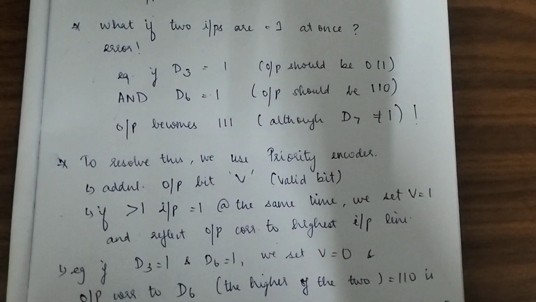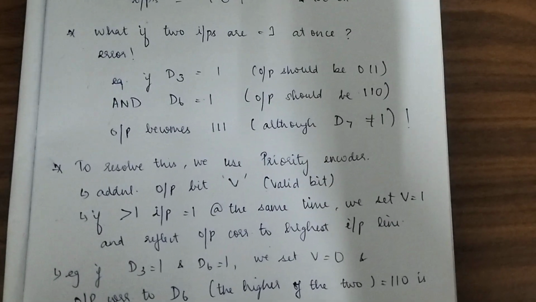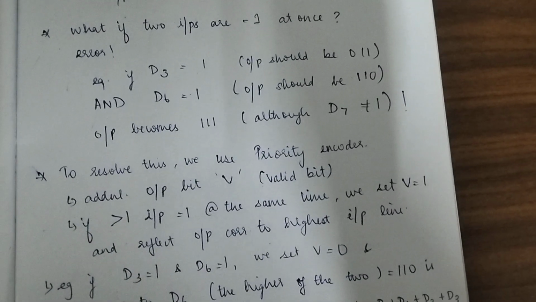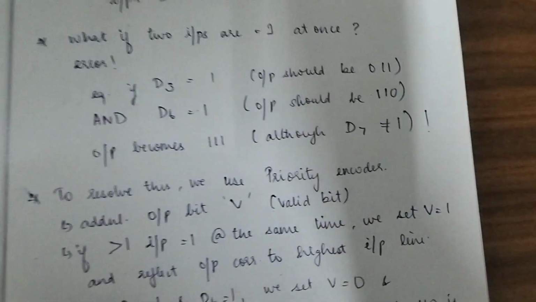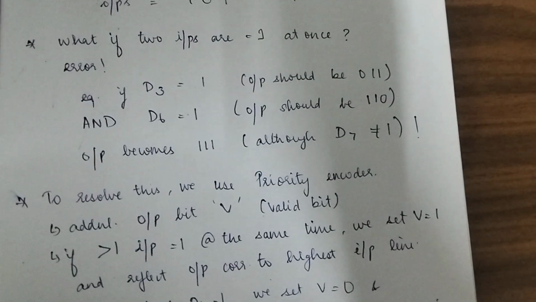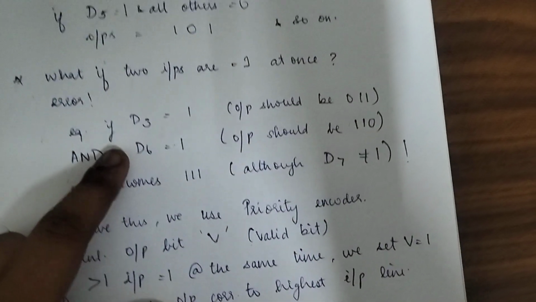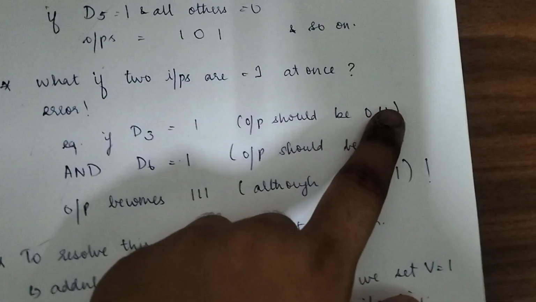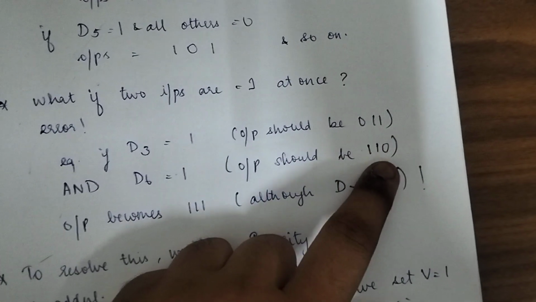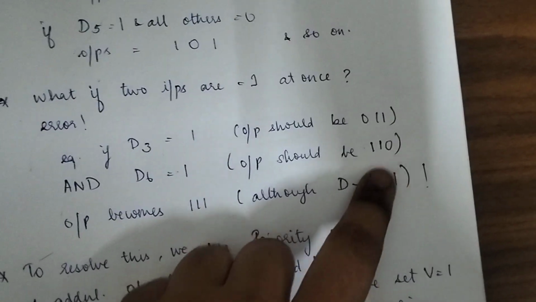But we cannot always assume that will be the case, right? Let's say by mistake, someone turns 2 input lines on at the same time. Then what happens? For example, let's say D3 and D6 both have been switched on by mistake. For D3, the corresponding output should be 0, 1, 1. And for D6, it should be 1, 1, 0.